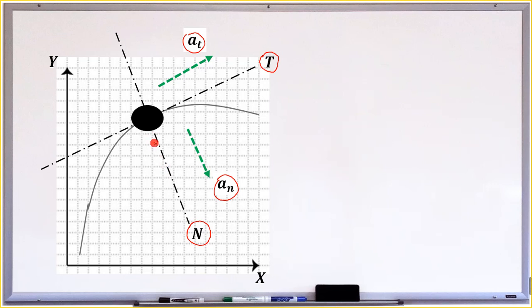We sum up all the forces acting on this particle, and the summation of all those forces, we call the resultant normal force, labeled as Rn. And we assume that the downward force is positive, because the direction of our acceleration on this axis is downward, which is our normal acceleration.